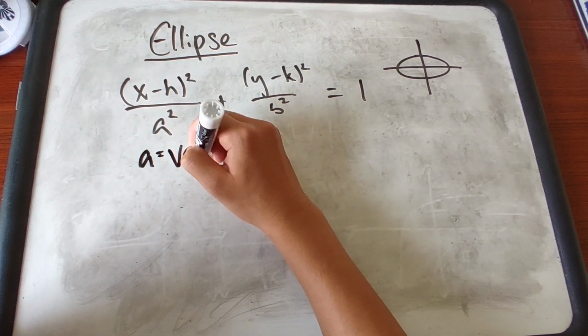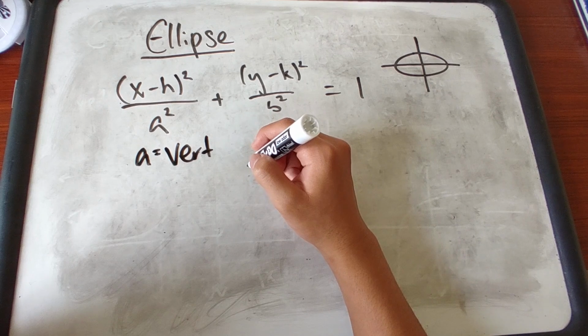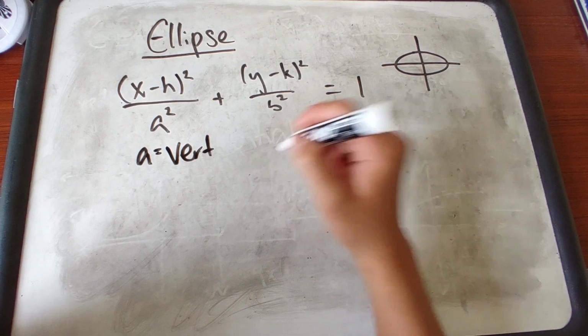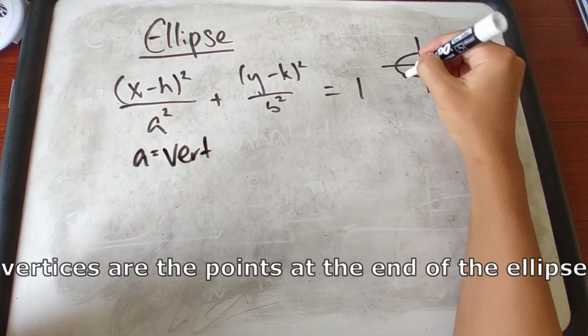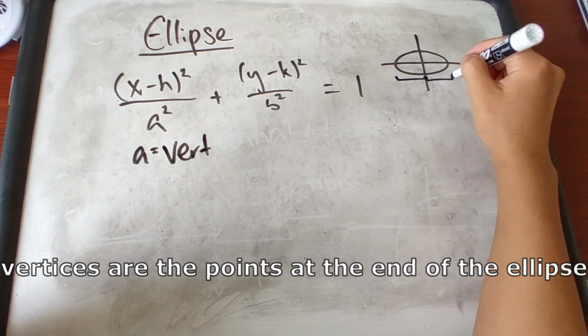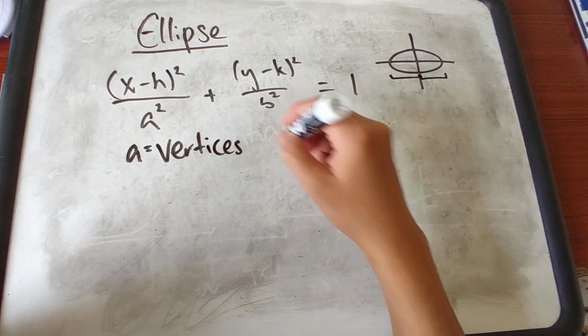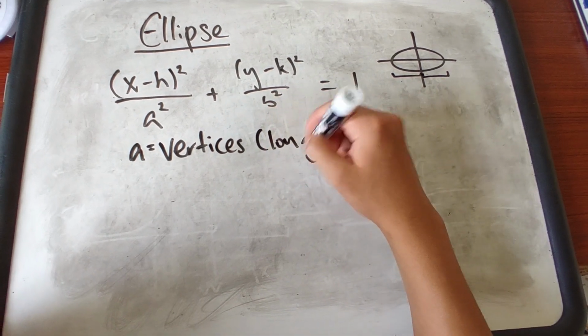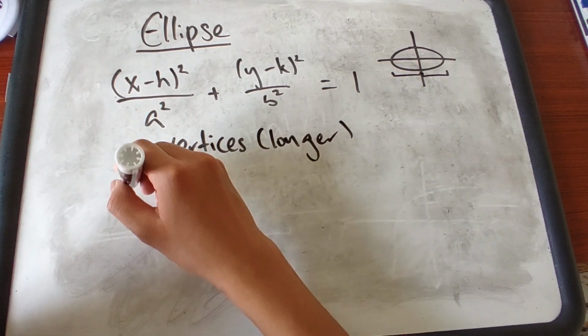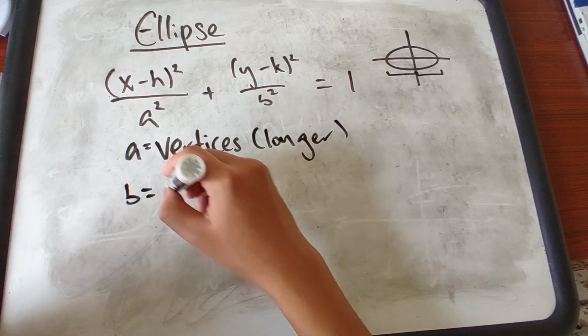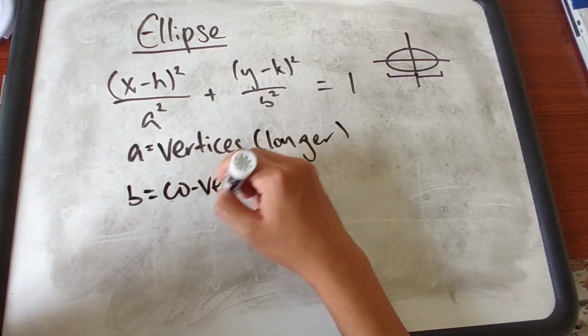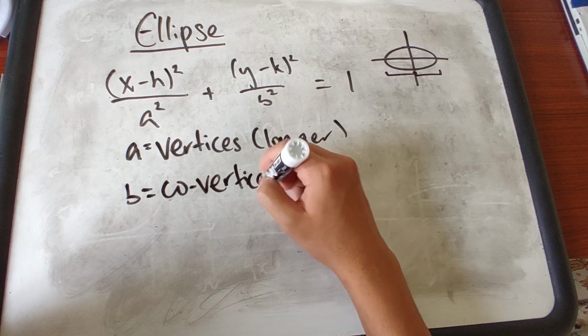And this is called the vertex, but because there are going to be two of them, from here to here, it's going to be called in its plural form, vertices, and that's the longer side. So that means that B is the co-vertices, which is the shorter side.